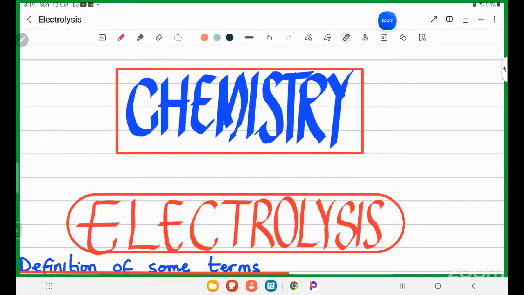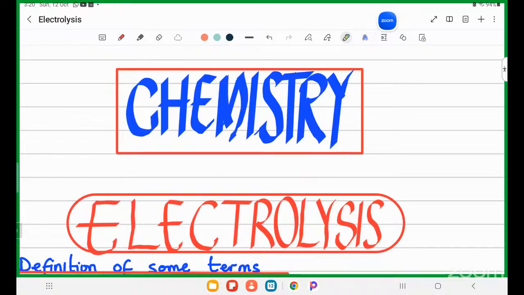So that process that involves the use of electricity to break down chemical compounds is what we refer to as electrolysis. Okay, is that clear? Yes, sir. All right, sharp.